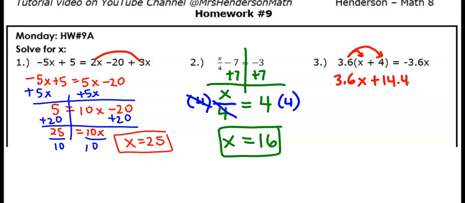Now what I need to do is get my x's together on the same side. You'll notice the left side has 2 items, 2 terms, and the right side only has 1. So I want to remove one of the terms on the left side. Since the right side has variables, that means I'm going to move my variable term.